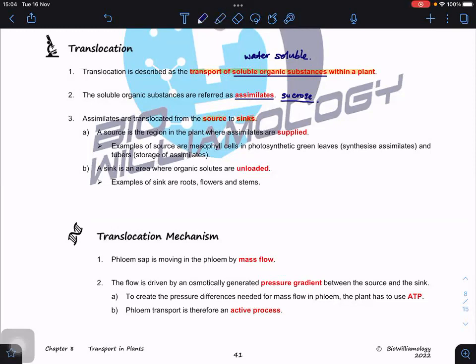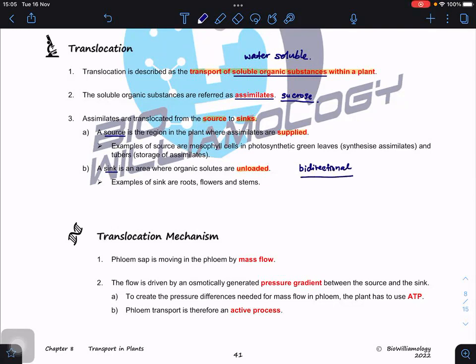So what is the source? When we use the word source, it basically means the place where the plant supplies the assimilate, and we use the word sink to describe the place where this assimilate is received. We need to know that translocation is bidirectional.